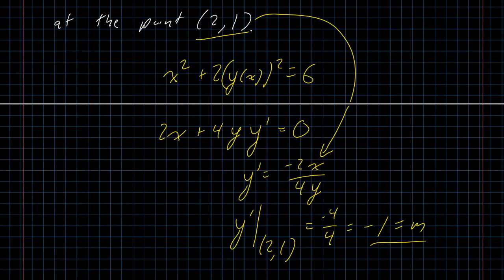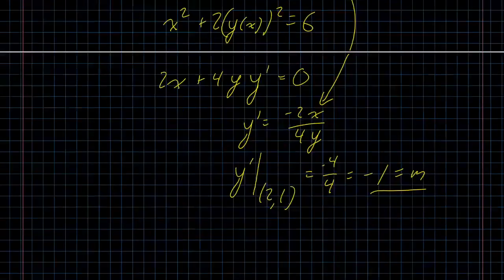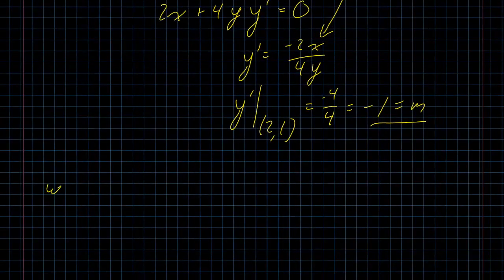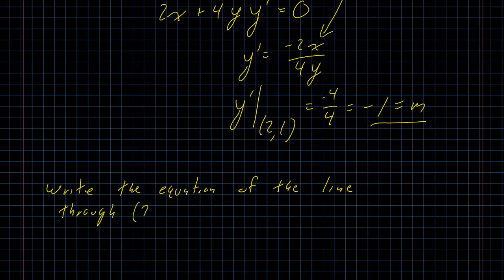Right? This problem simplifies to become: write the equation of the line through the point 2, 1 with slope negative 1.